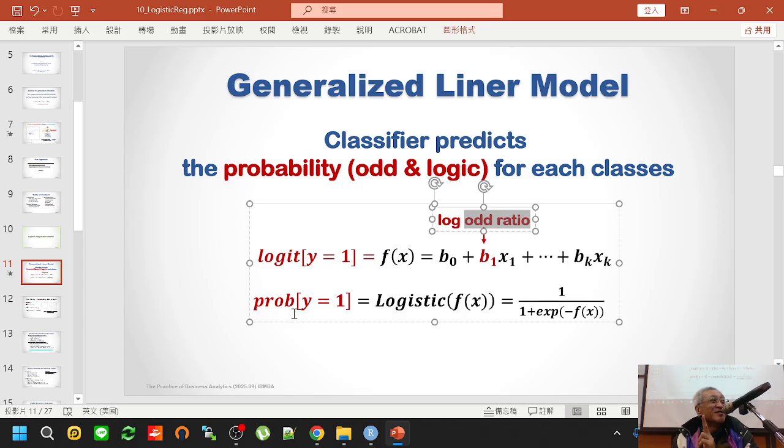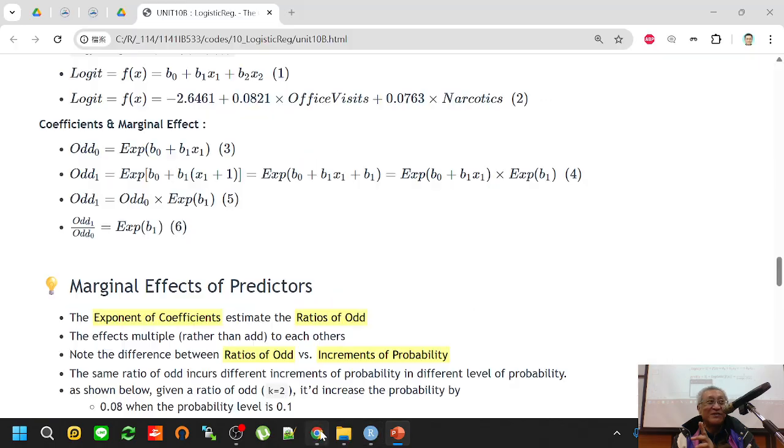It is actually the odds ratio. So the exponent of the coefficient estimates the ratio of odds.